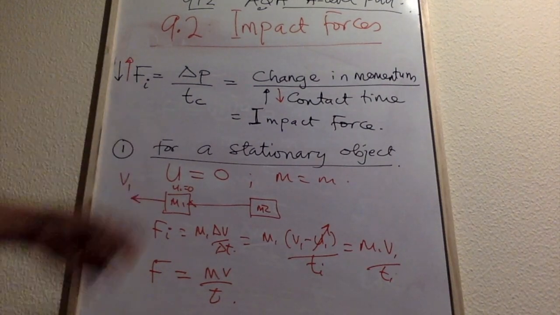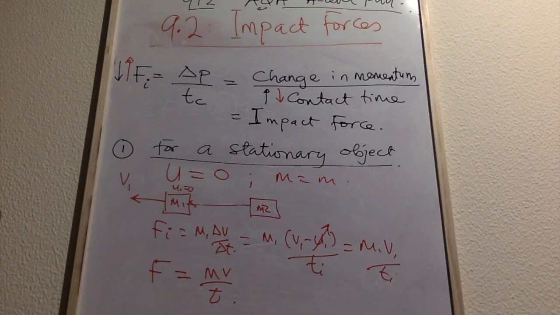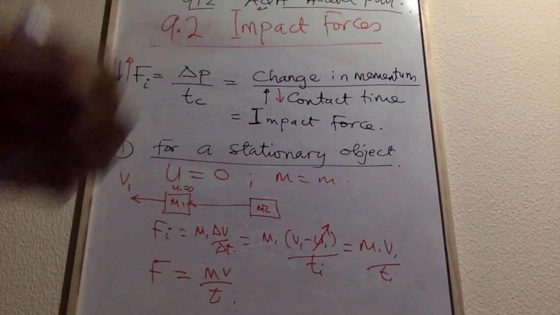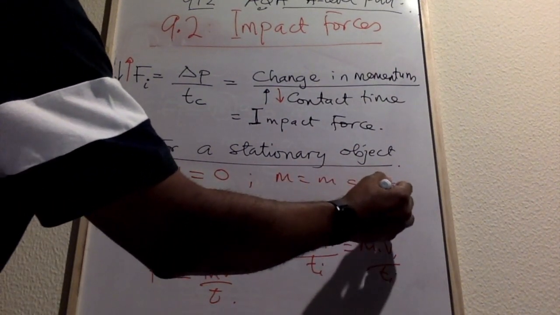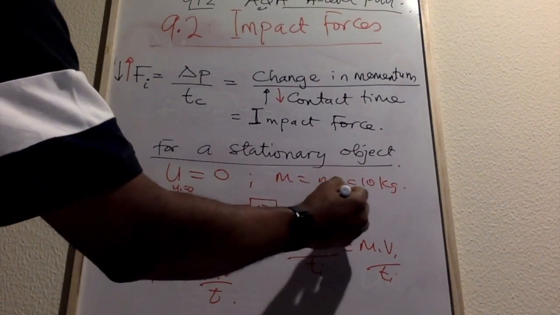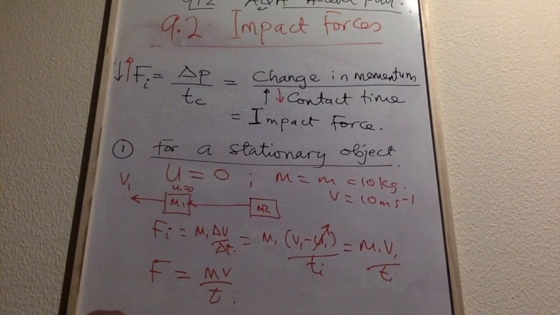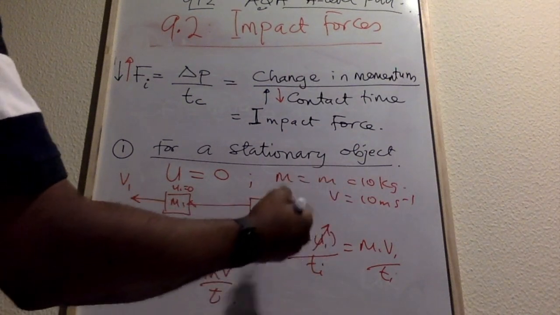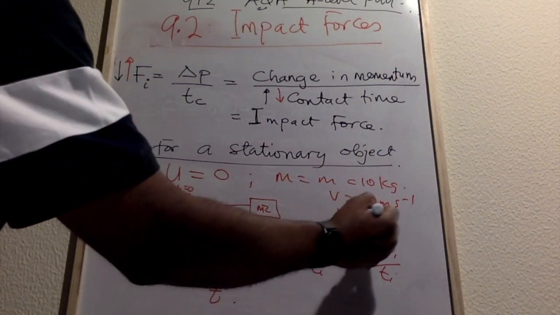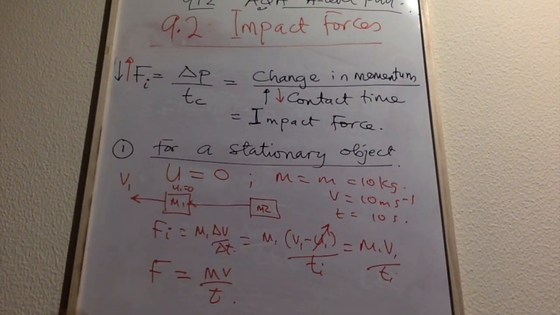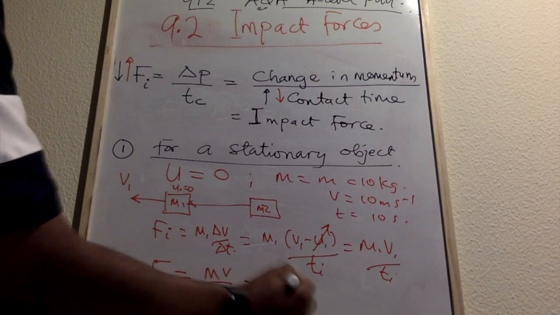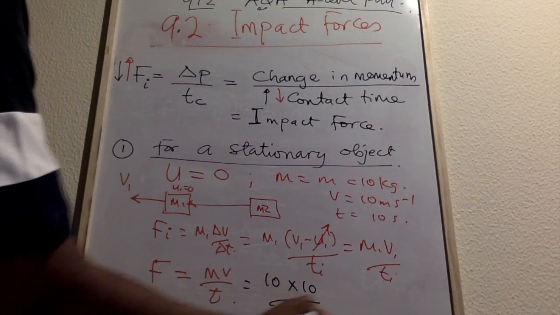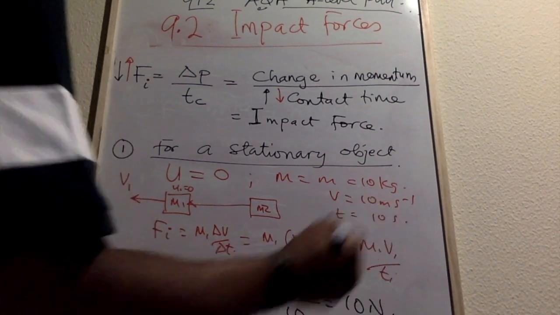That gives us an expression, so we don't have to even think about it. We say a stationary object's initial velocity is 0, the final velocity is going to be something like v, and then we can just use it. Let's give an example. If m is 10 kg, the final velocity is 10 meters per second, and the impact time is 10 seconds, we can then say the impact force on mass m1 is equal to 10 times 10 divided by 10, and that will be equal to 10 newtons.